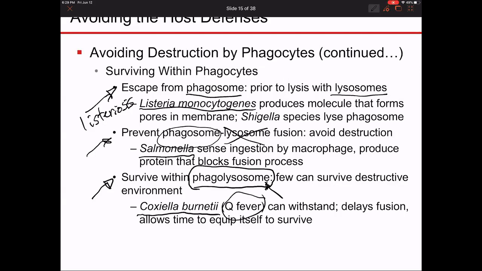Coxiella is actually an obligate intracellular bacterial pathogen.